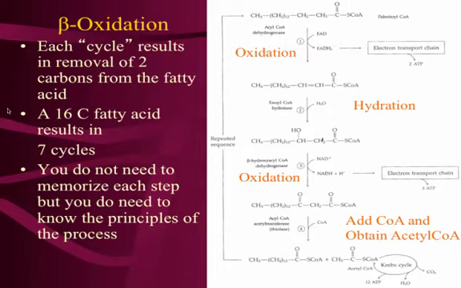That's acetyl CoA. So coenzyme A is added right here, and that removes an acetyl CoA. Now you have an acetyl CoA here and a fatty acid that's 2 carbons shorter, because those 2 carbons come off and form acetyl CoA. That can go to Krebs cycle.